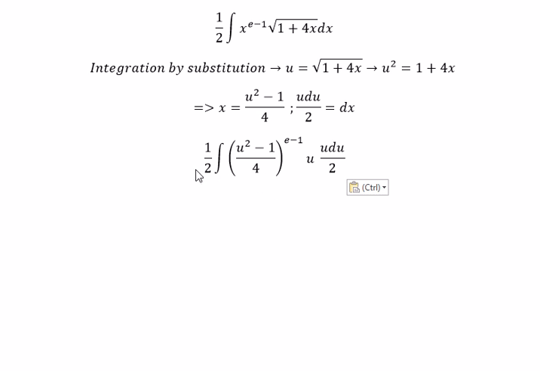And now we put the number 2 outside, and you get 1/4 multiplied with 4 to the power of e minus 1. So we have 4 around number 1, so we get 4 to the power of e.